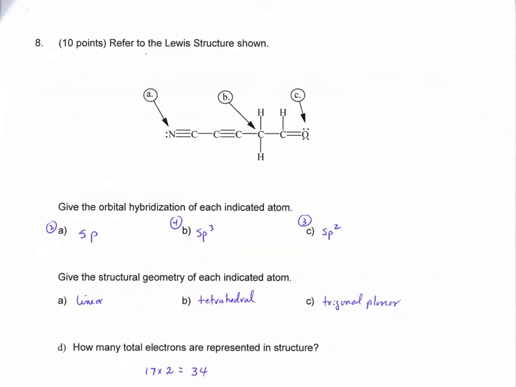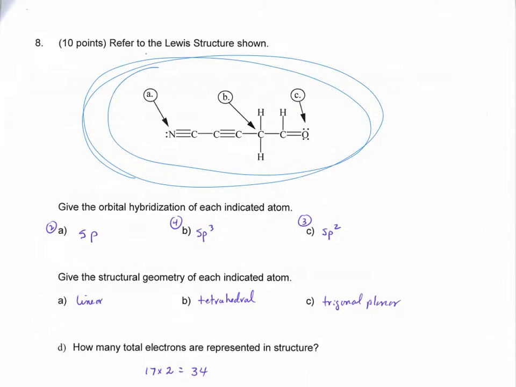Then on your test, it won't be this Lewis structure, but it will be another Lewis structure where I give you the structure and ask questions about it. So it'll be a little different for y'all, but notice that I pointed to 3 different atoms, this nitrogen atom, that carbon atom, and that oxygen atom, and I asked questions about the orbital hybridization.